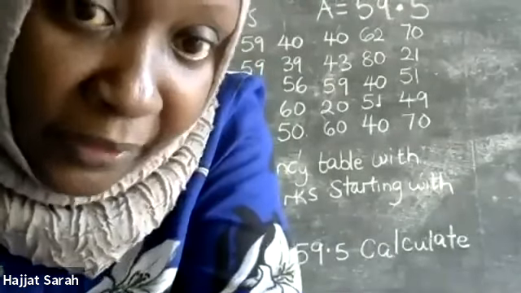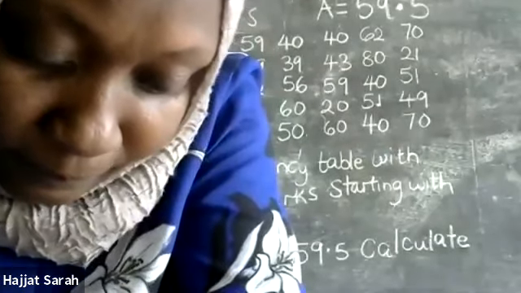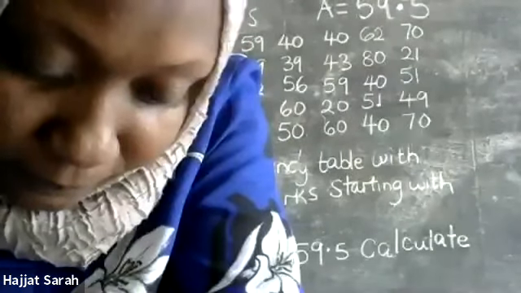I see Mariam's hand up. So now to get our tally, like in our first class, we have 15 to 24. Now we are going to look for the numbers from the marks they have given us. 15 up to 24.